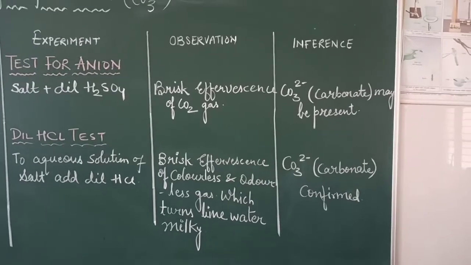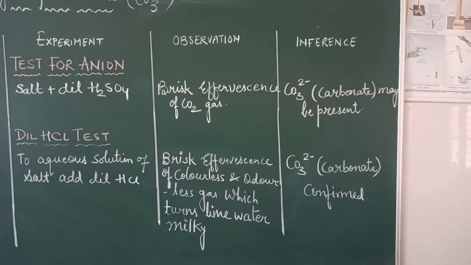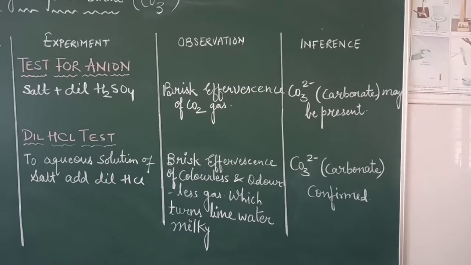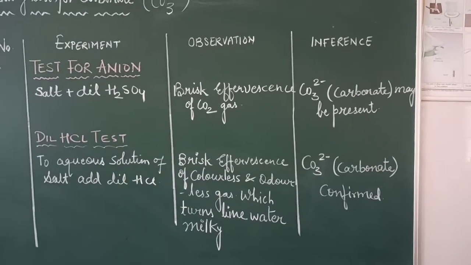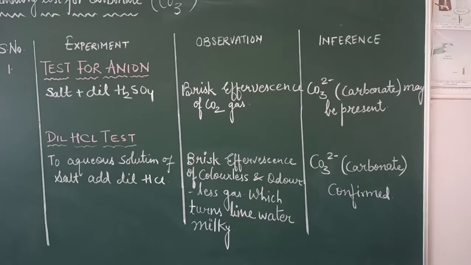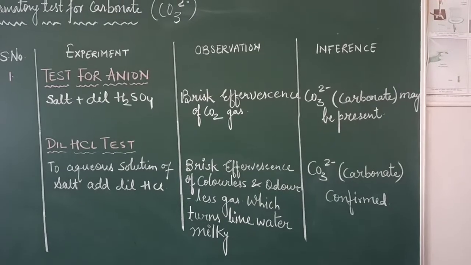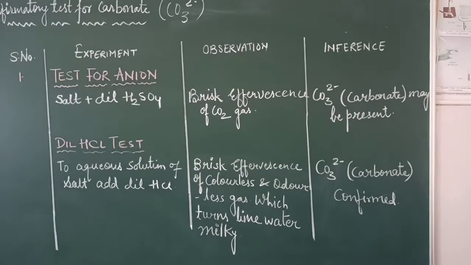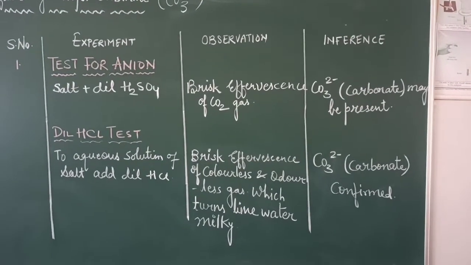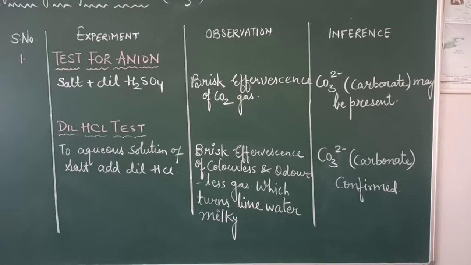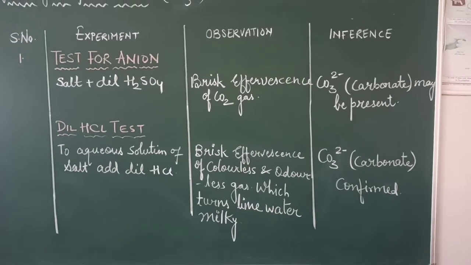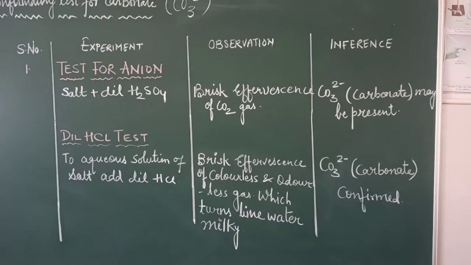Presence of carbonate may be there. Now if carbonate is there and you get the brisk effervescence of CO2 with the addition of dilute sulfuric acid, then after looking at the brisk effervescence, we will go for the confirmatory test. There are two confirmatory tests for carbonate.